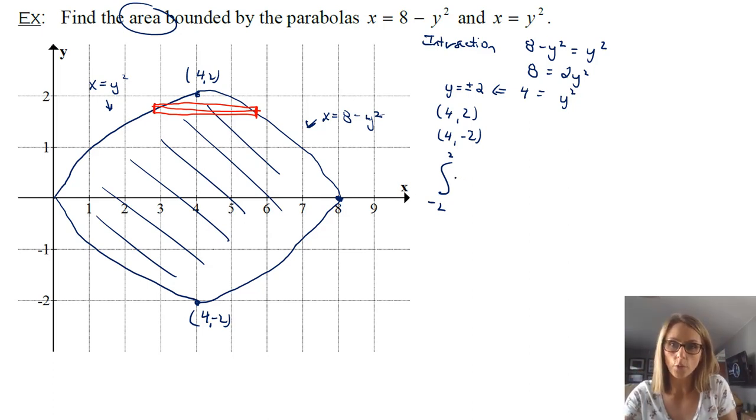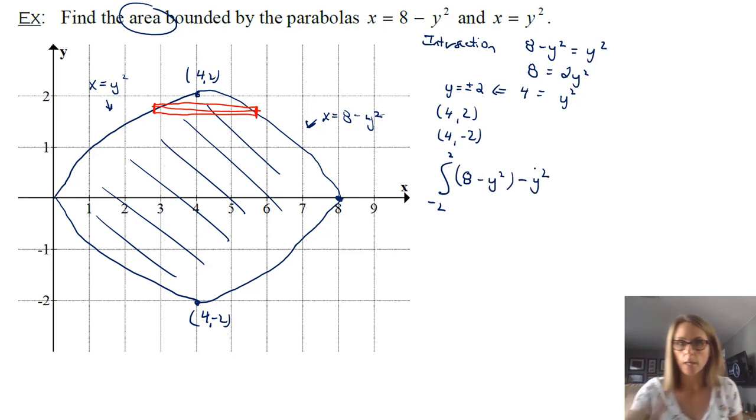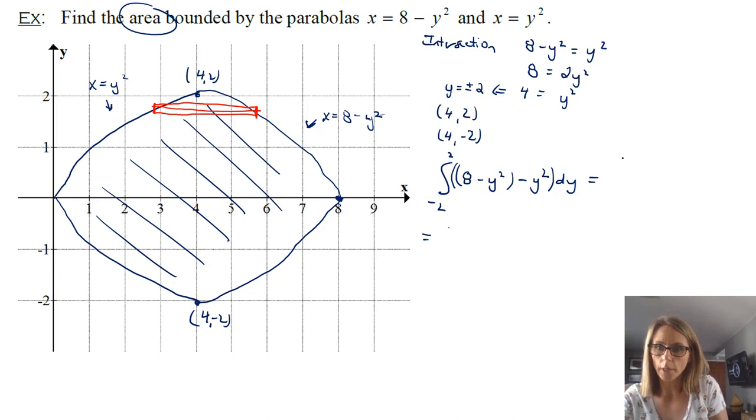So our function that's on the right is first, because that function minus y squared is going to give us the length of the slice. And then we're just integrating that with respect to y. So it's fairly straightforward at this point. I'll do one more line over here, just to simplify this a little bit. We can see that we'll have the integral of 8 minus 2y squared, dy.